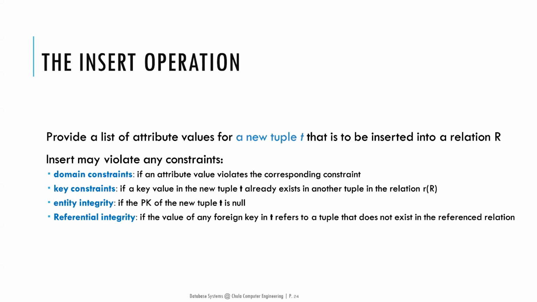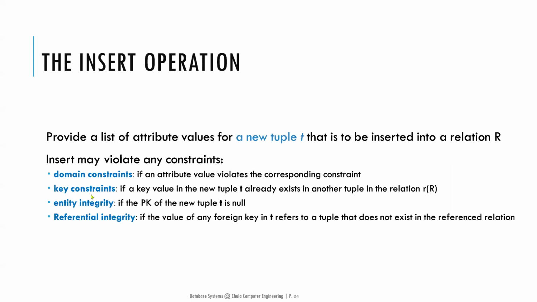If you remember, the domain constraint says what? It has to be atomic and within the same domain. So if you insert data that does not correspond to the domain you set, then it violates the domain constraint.